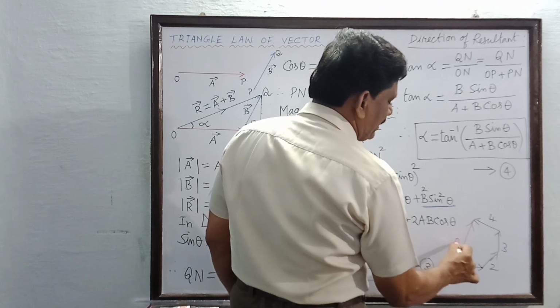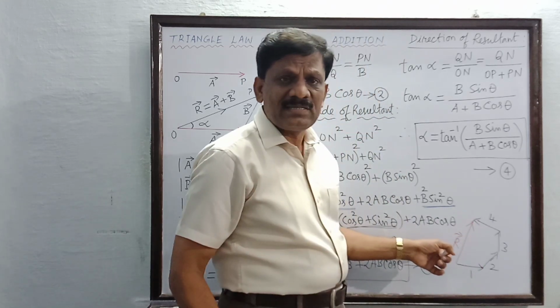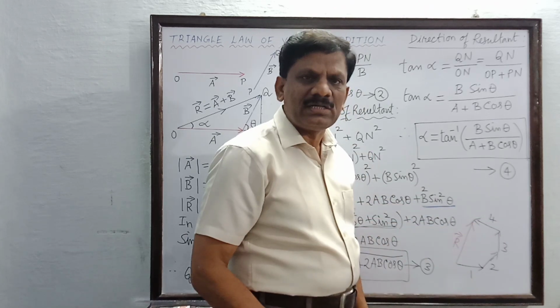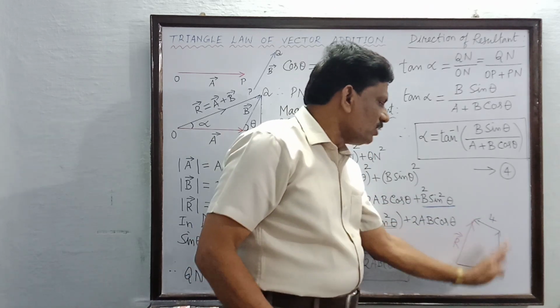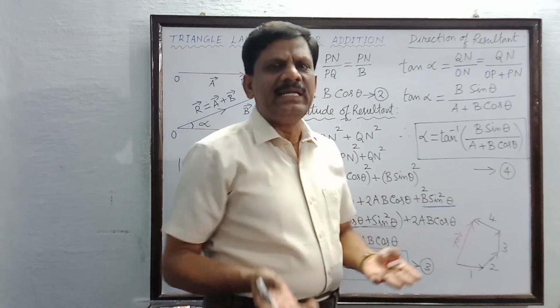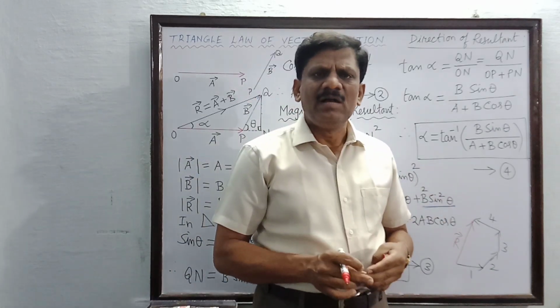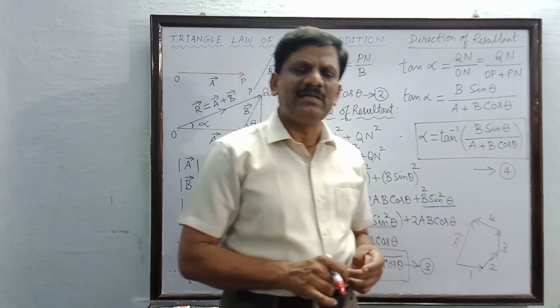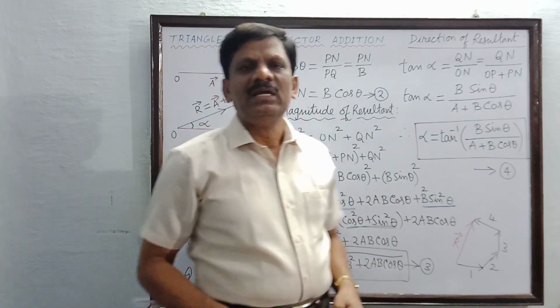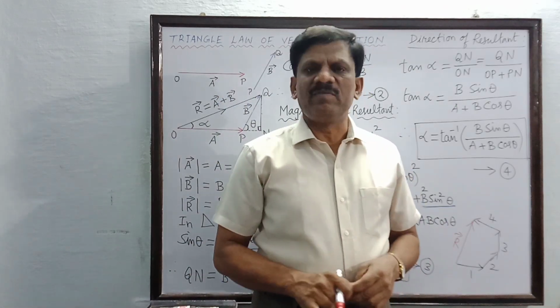Can you all see the resultant vector clearly? Yes? So vectors 1, 2, 3, 4 are in the same cyclic order. These 4 vectors are representing 4 sides of a polygon taken in the same order. Now the closing side of the polygon will be the resultant of these 4 vectors.